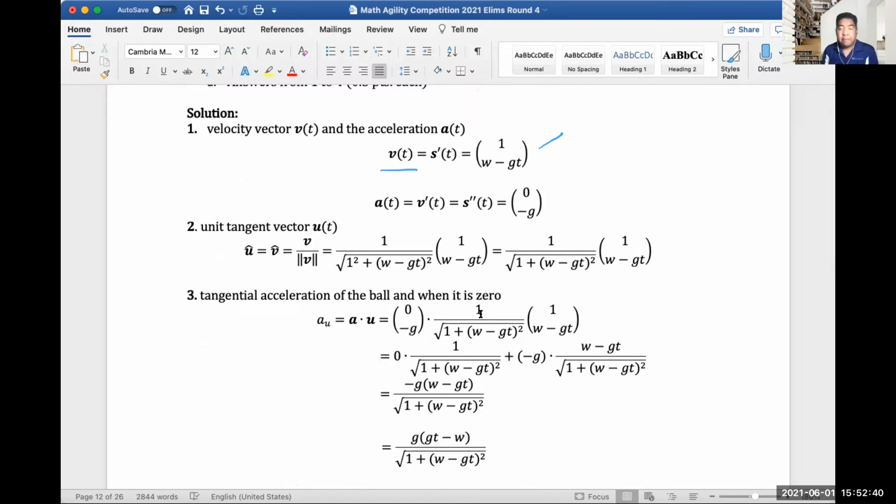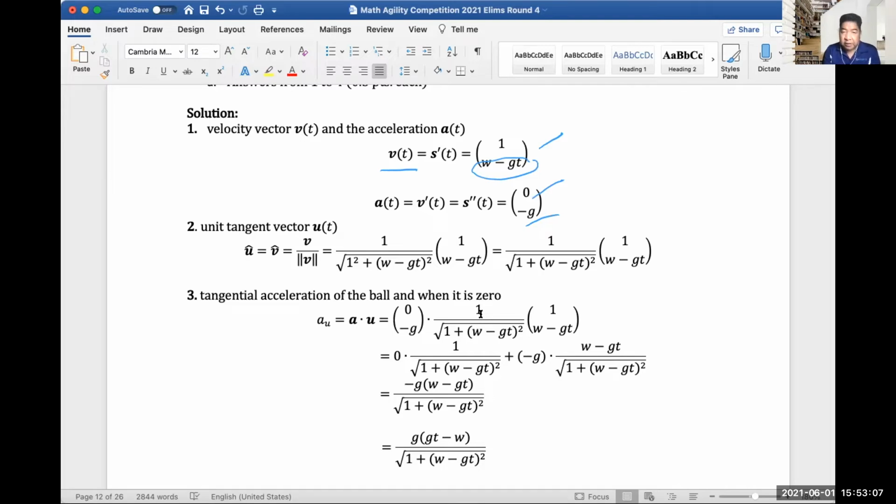Next, if we compute the acceleration, that is the derivative of v(t), or the second derivative of s(t). The derivative of 1 is 0, and the derivative of w minus gt with respect to t would be negative g, right? If you got this, you get 0.5 points.